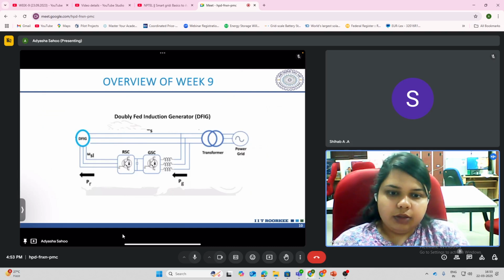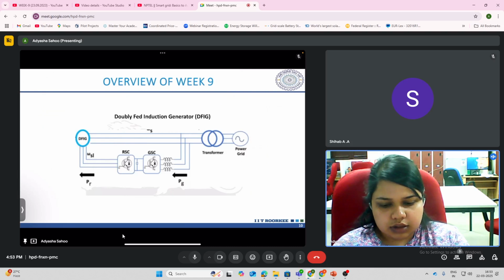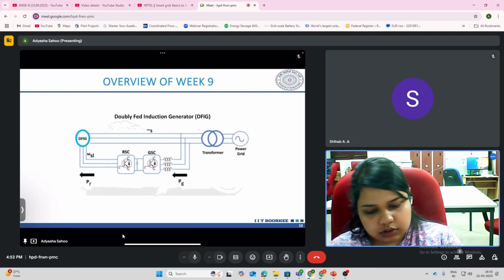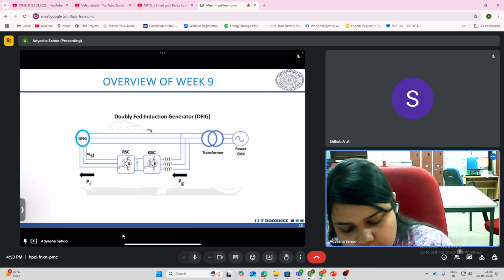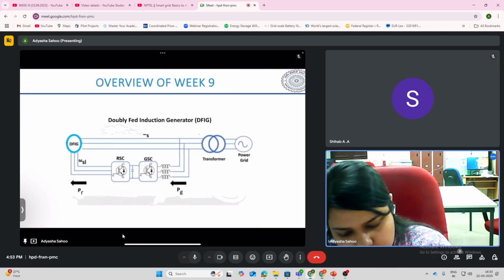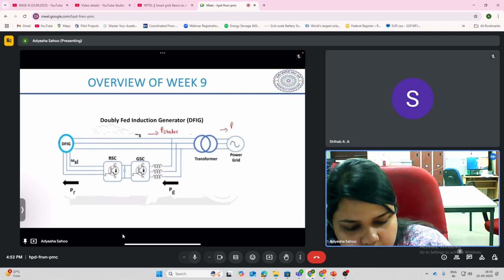Now moving to wind power generation. Here we have the DFIG setup, basically a doubly fed induction generator. This is the stator power, and through the transformer you are giving it to the grid.